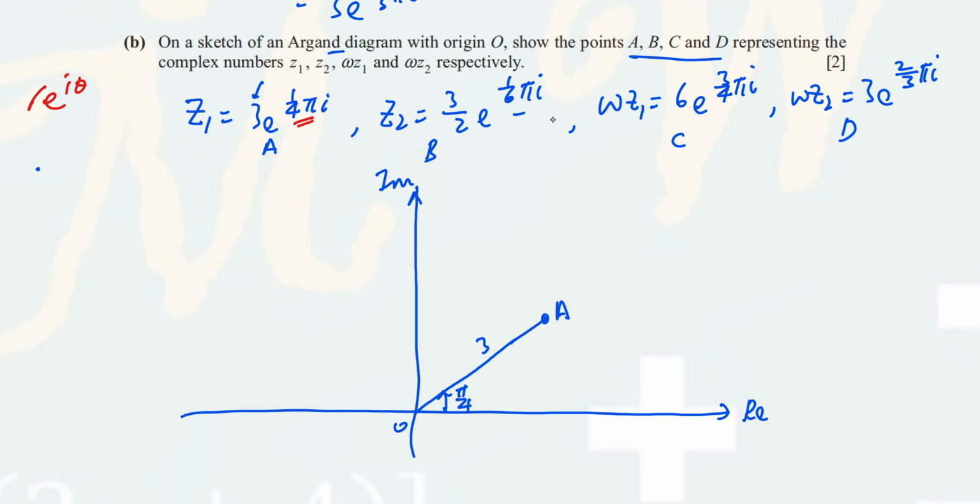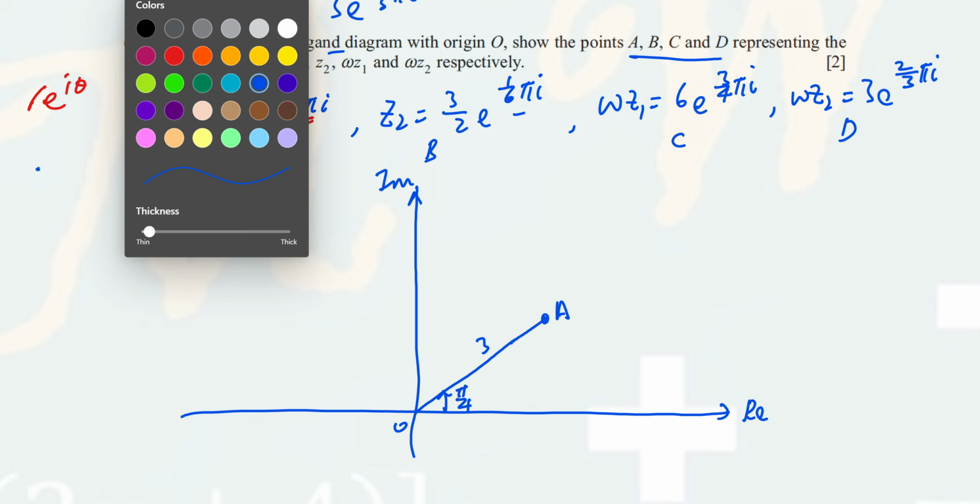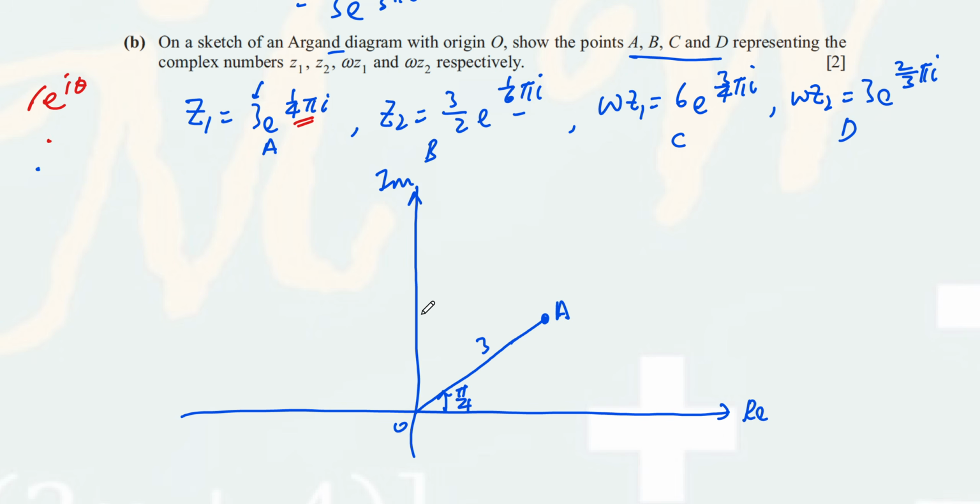The next one, the angle is 1/6 pi. It must be less than 1/4 pi, and the length now is 3/2, that means 1.5 units. So let's say here this is 1.5 units, and this is 1/6 pi.